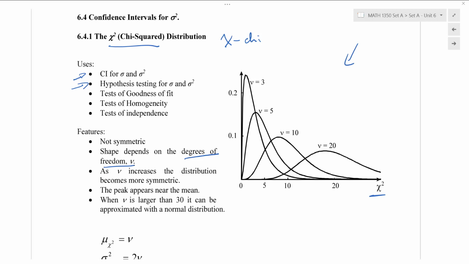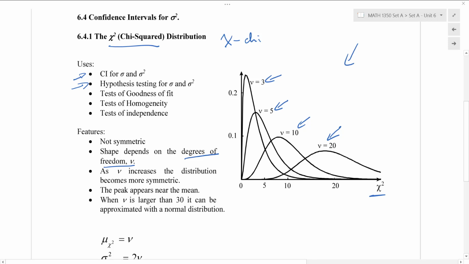You will notice it's not symmetric, especially for small degrees of freedom. So this nu equals 3 is quite skewed. As nu increases, as the degrees of freedom goes up, as our sample size gets larger, it does become more symmetric.